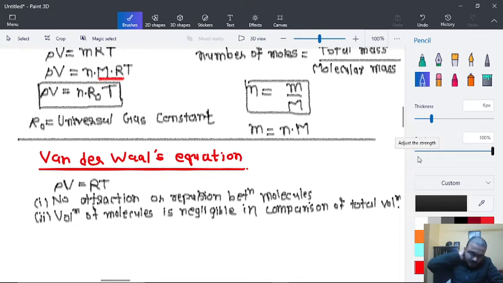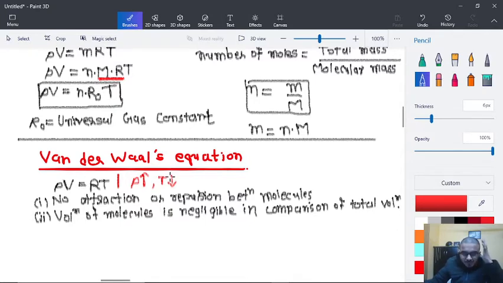So these were two assumptions here. PV is equal to RT may hold true at normal temperature with minor variation. However, when pressure is very high and temperature is at low values, then there is a huge deviation from ideal gas equation.